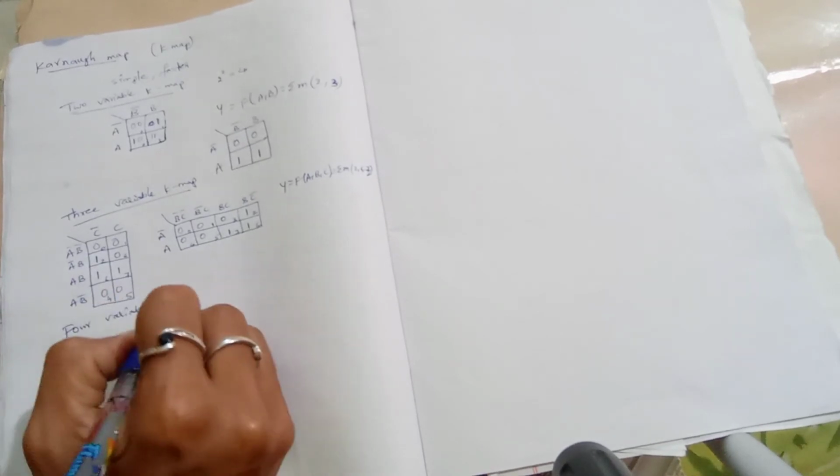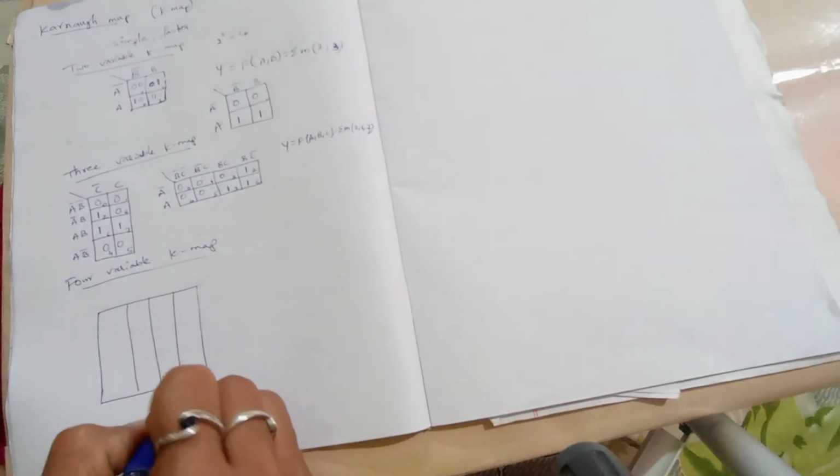Now see the 4 variable K-map. Same as this, for the 4 variable K-map you can write 2 variables on one side and the remaining 2 variables on the other side.